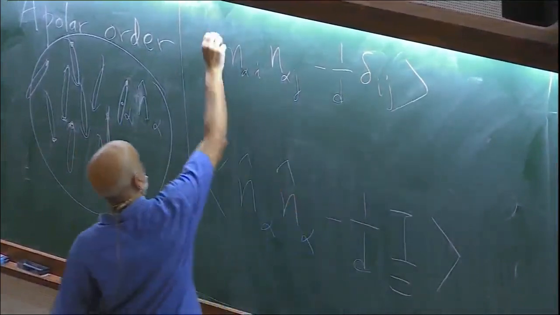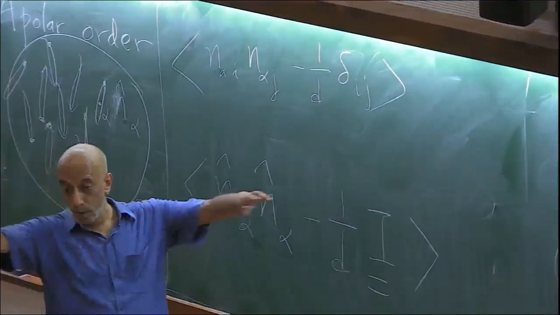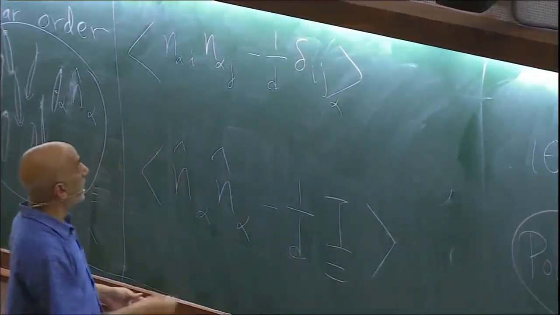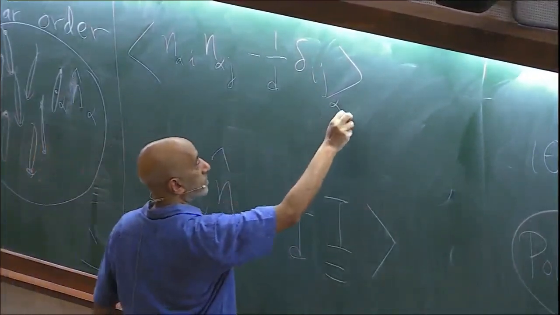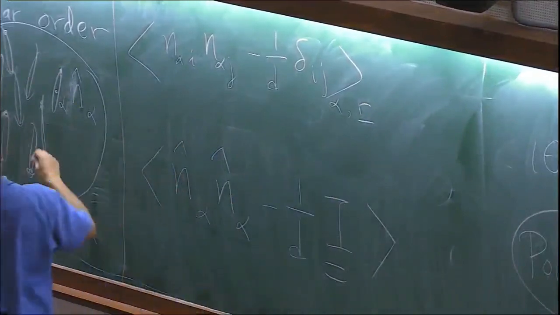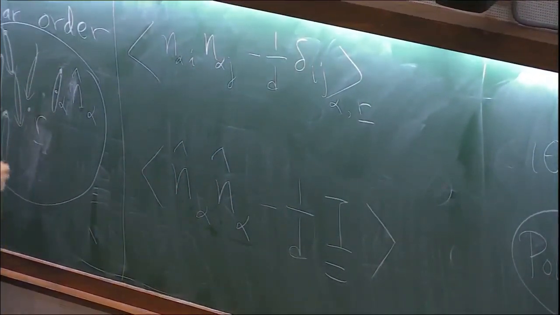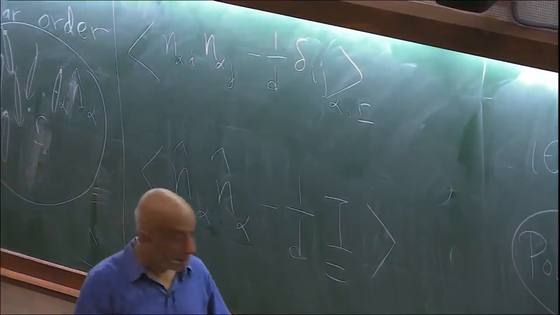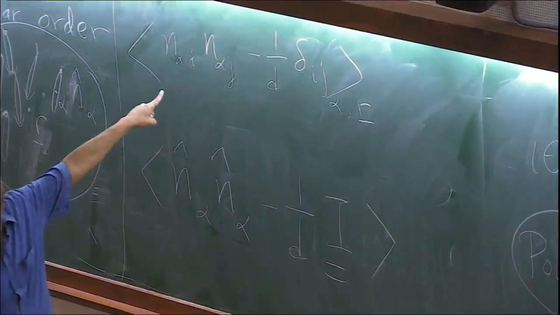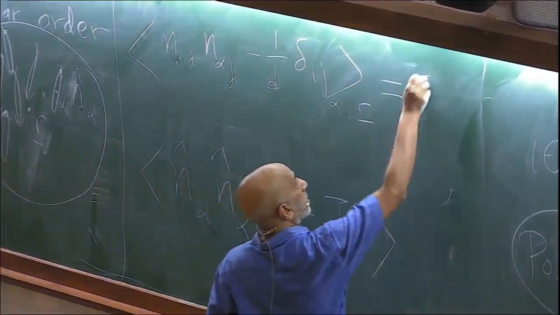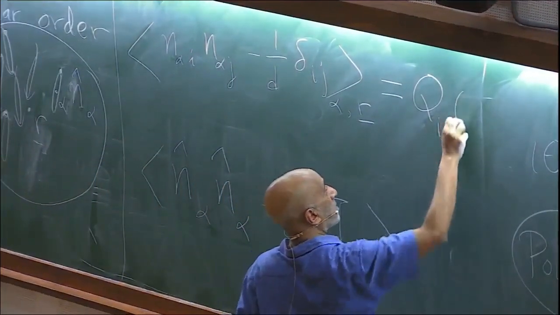If you calculate this average, you can calculate it completely globally, averaging over all particles alpha, or you could do it locally in some coarse-graining cells centered around some point r. It's a tensor, a second rank tensor. That's why I put the components, to show you that. So this is called the nematic order parameter tensor.